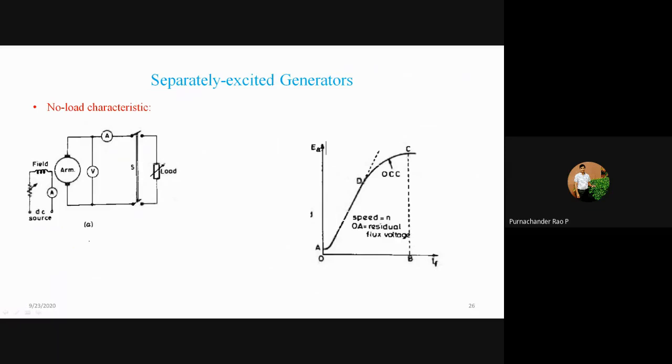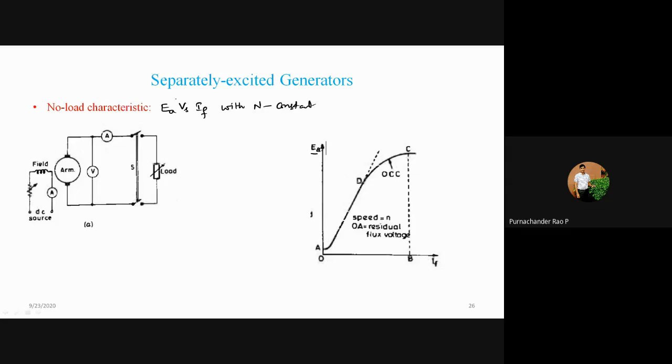Here, this is a circuit diagram for conducting the no load test. This is drawn with respect to EA, that is the no load voltage, or you can also call it EG. So EA versus IF with speed as a constant parameter.